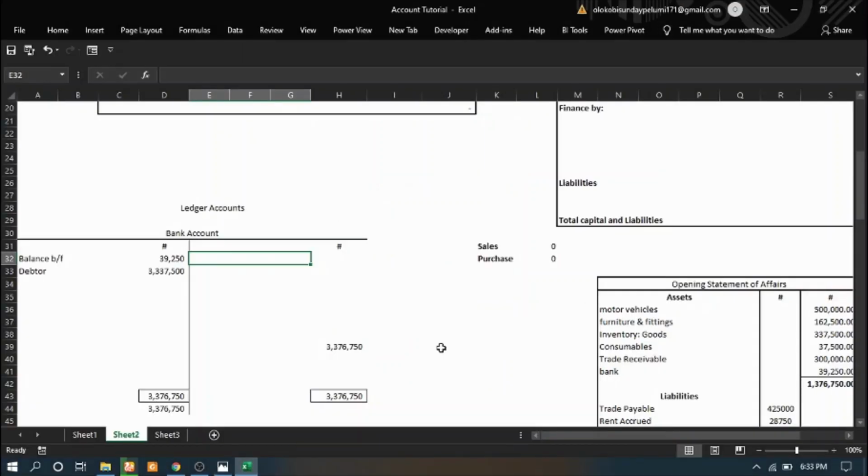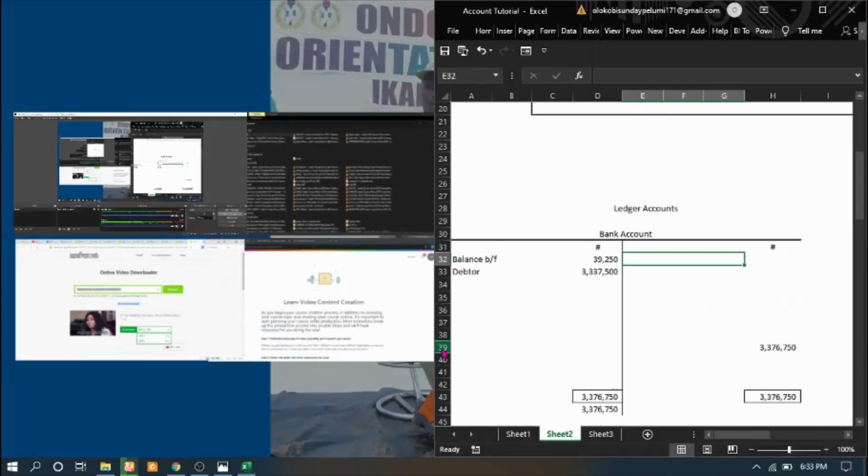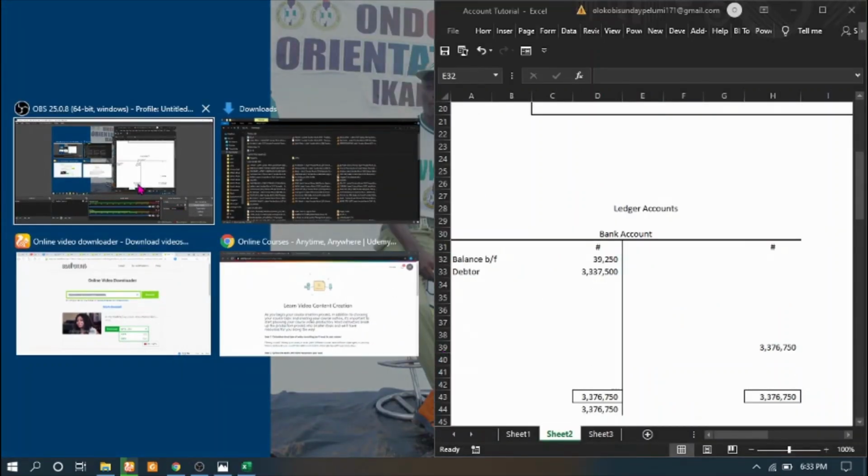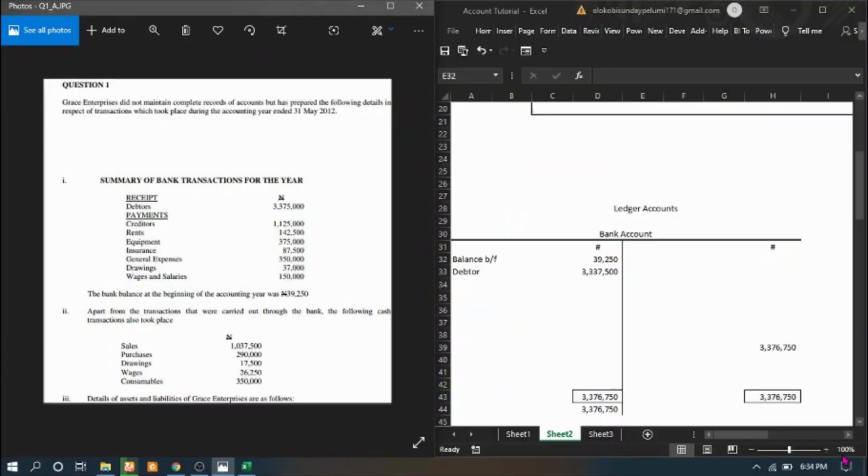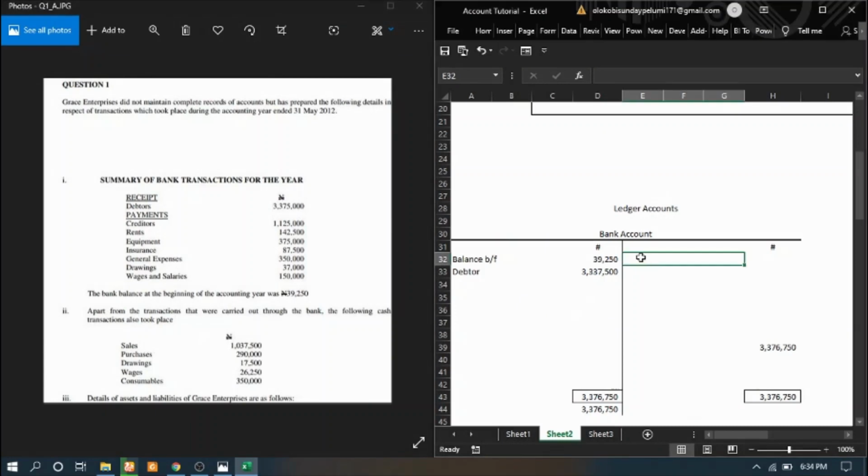So the payment during the period, to make our work faster, let me divide my screen into 2 to make the work easier for us.